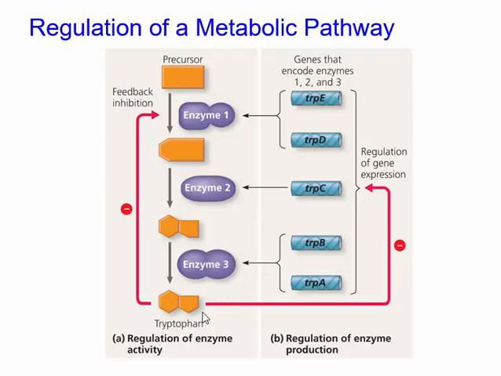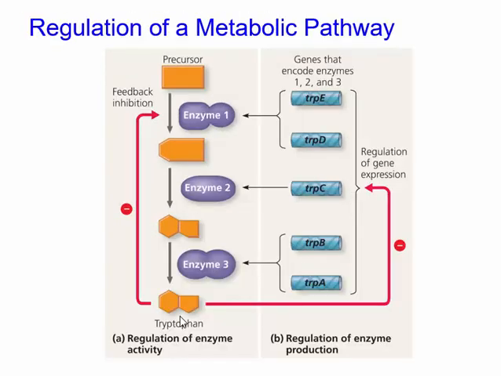And tryptophan, if you've got enough of it, will switch off the expression of these proteins. So here you see this negative regulation. So, hey, we got enough tryptophan, we don't need any more. The end product actually acts as a negative feedback on an earlier step.